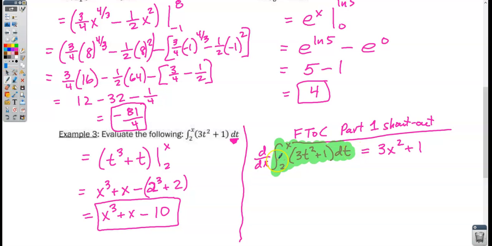So taking the derivative of this integral is the same as taking the derivative of the expression that we found representing the integral. And notice when we take the derivative of this expression, what do we get? We get 3x squared plus 1. Notice that the two of those are the same. All right, little shout out to part 1 of the fundamental theorem and the connection to what we've got going on here in example 3.